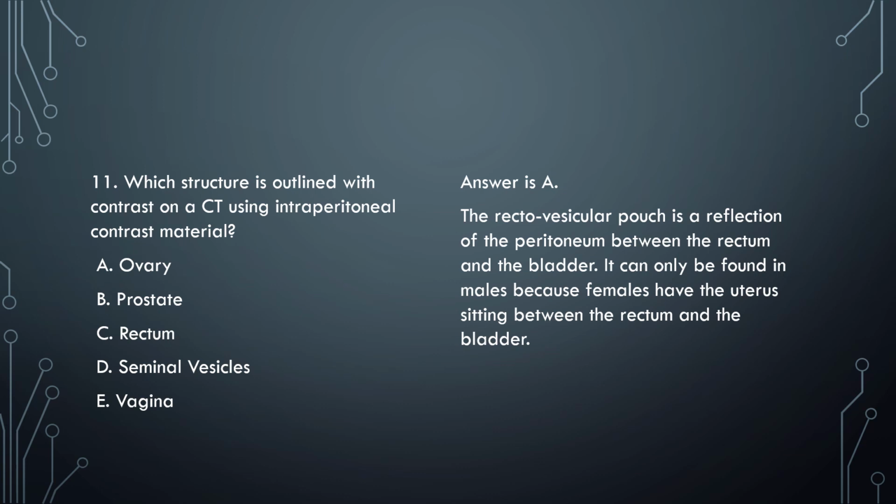The rectovesical pouch is between the rectum and bladder for males, but for females, in place of the rectovesical pouch, there is the uterus. So you may understand that the rectovesical pouch is not available for females.